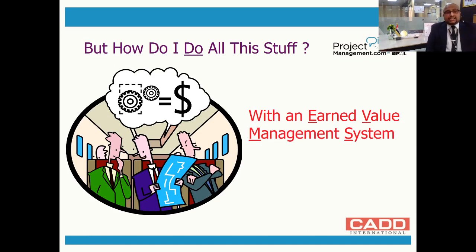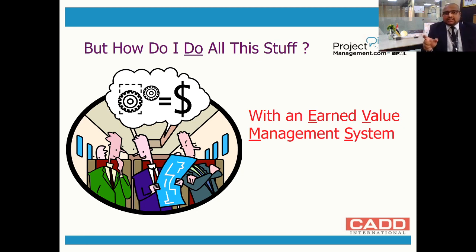So the next question is how I am going to do all this. It's not easy for us to take all the data from a big project and make these tables for all the activities. It's not possible. We have to have an earned value management system that works with the principles of earned value analysis.